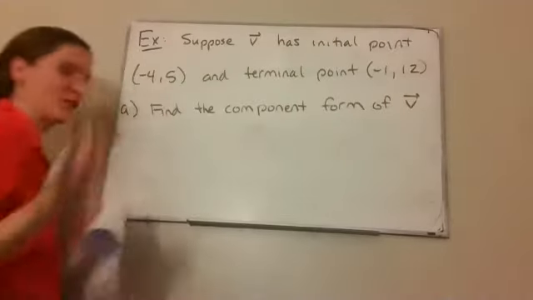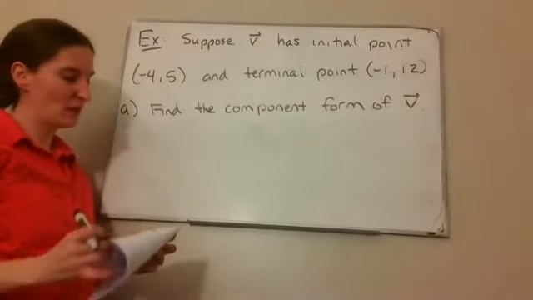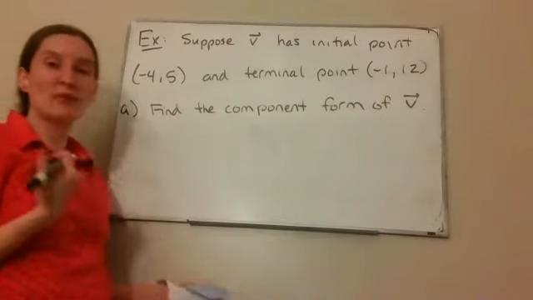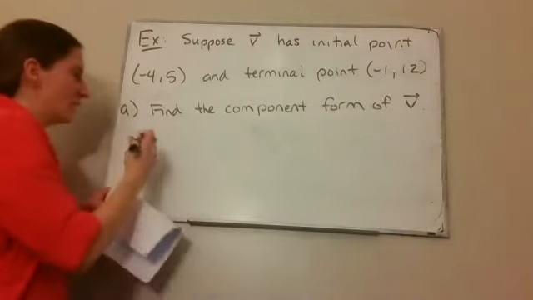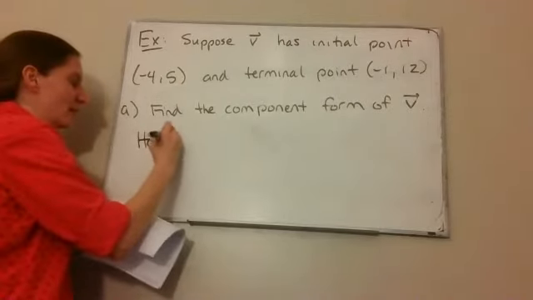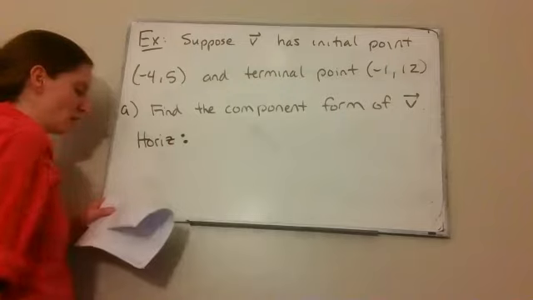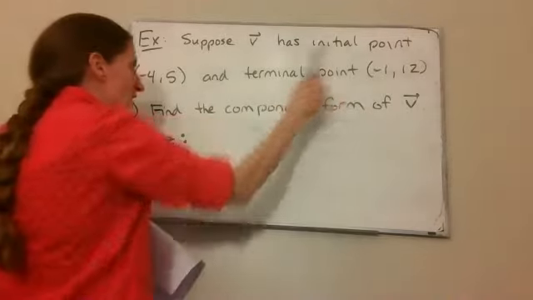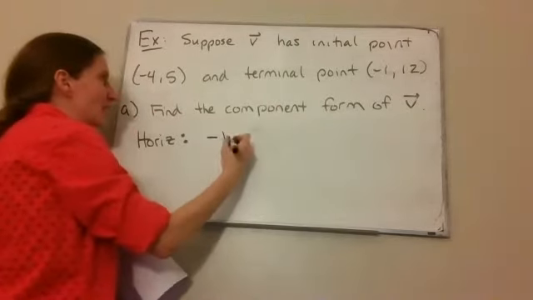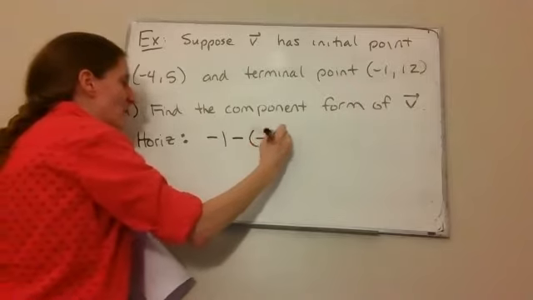Remember, we need to find the horizontal displacement and the vertical displacement. Let's start with the horizontal displacement. The horizontal displacement is the change in our horizontal position. So I end up at -1 for my x, and I started at -4.